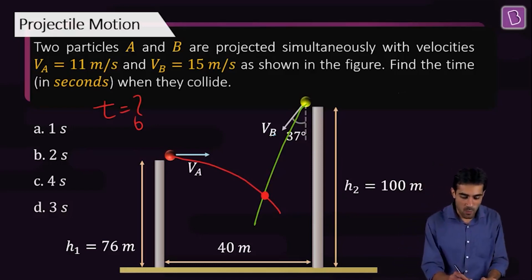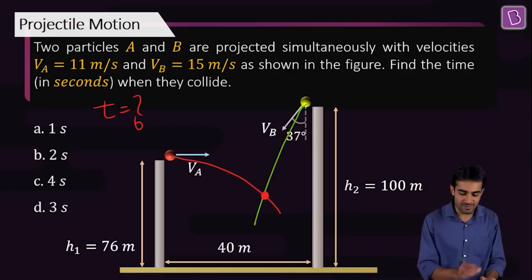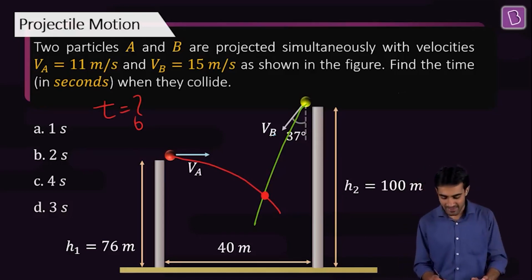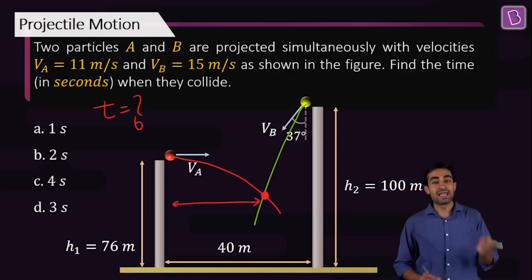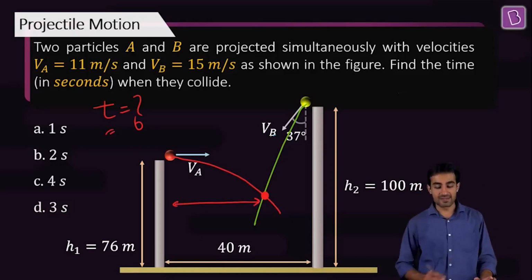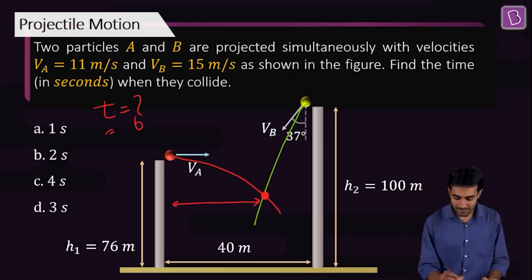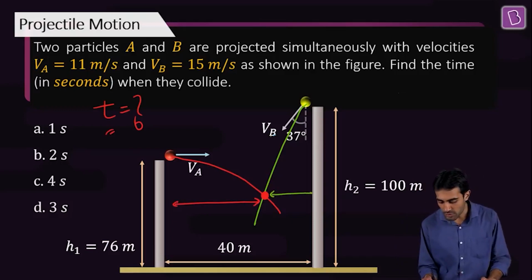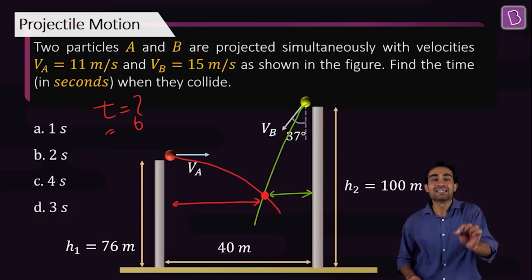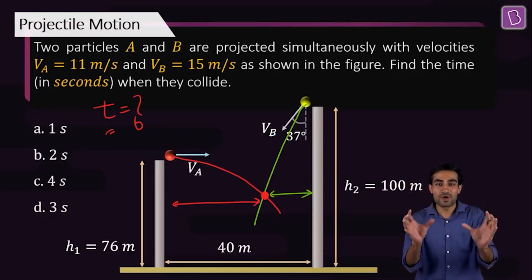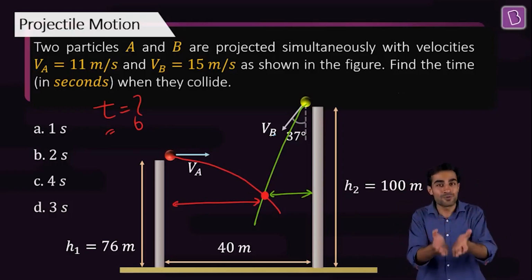So let's see what is the horizontal component of displacement of the red object. This red object covers this horizontal component of displacement in time t. And the green object covers the horizontal component of displacement like this. Now, when we add these two horizontal components of displacement together, what do we get?